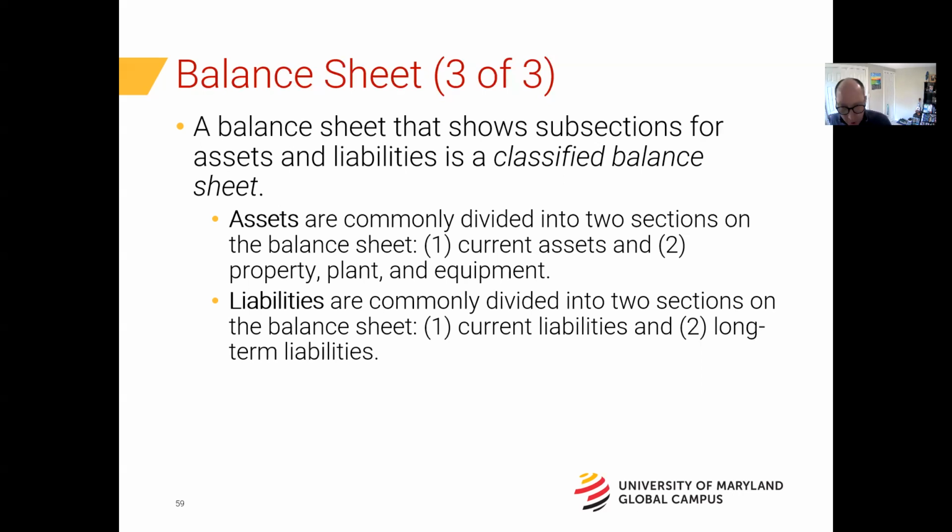An example, current liabilities would include things like accounts payable, the current portion of long-term debt, any short-term notes. Those are all current liabilities. Long-term liabilities would include things like a mortgage, a car note, a notes payable. Those are all long-term, meaning we pay them over longer than 12 months.